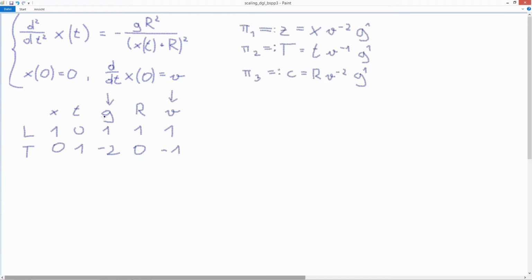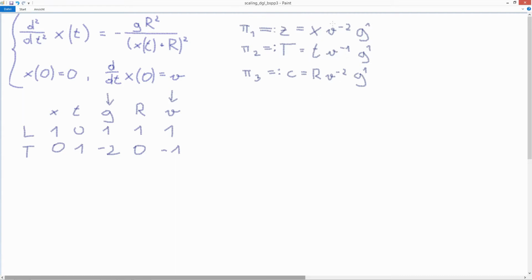So the G column and the v column. The next step is to calculate the pi factors. So I've already done this here and also gave them new names. So the first pi factor z, the second pi factor t, the third pi factor c, and I already calculated them.